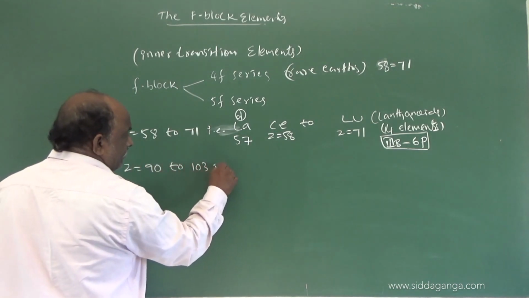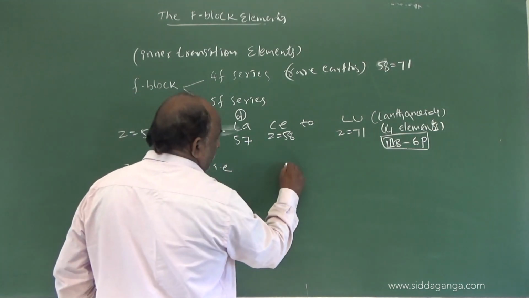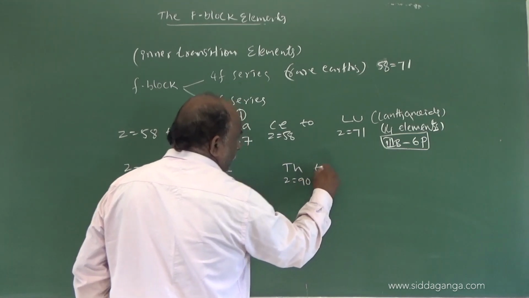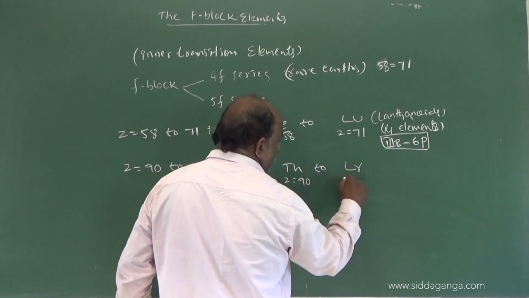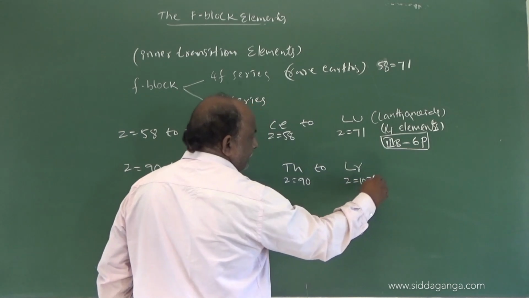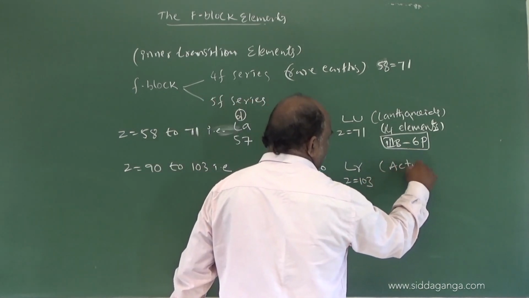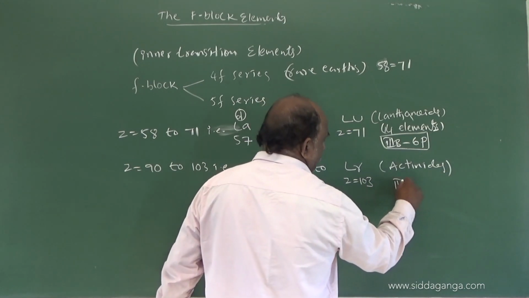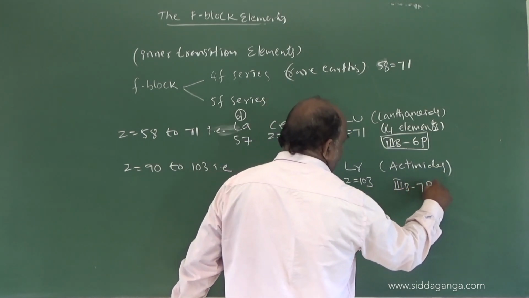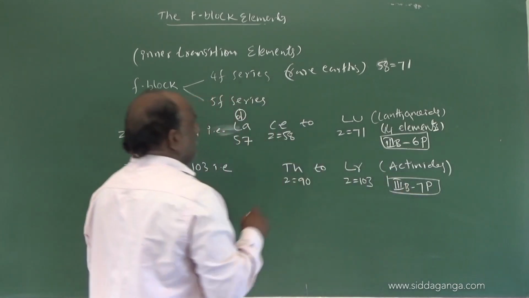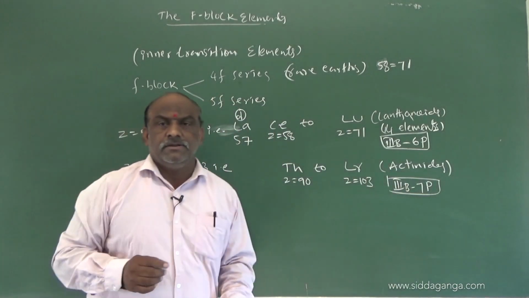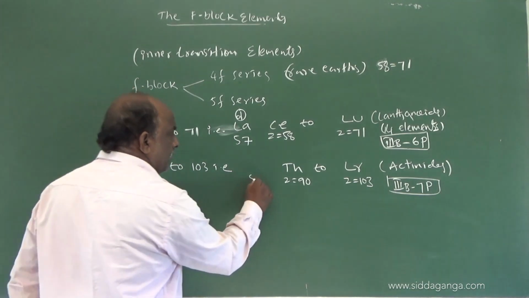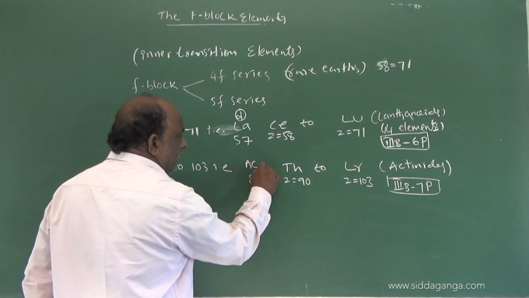And the next series is Z equals 90 to 103, that is thorium, Z equals 90, to lawrencium, Z equals 103. These elements are called actinides, 3B group, 7th period elements. They are called actinides because atomic number 89 is actinium.